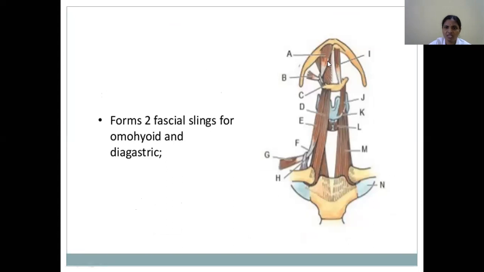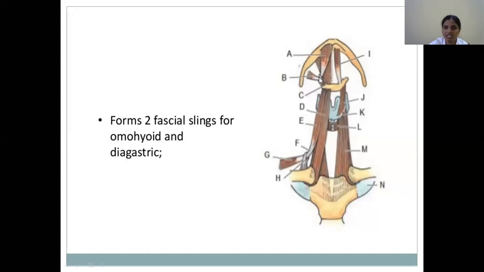So this anterior belly of digastric is connected to the B, here B indicating posterior belly of digastric. So two bellies are interconnected by means of a tendon. And the function of this digastric muscle is elevation of the hyoid bone. So for this elevation, what happened? This common tendon, means anterior belly and posterior belly of digastric, are interconnected by means of a tendon.